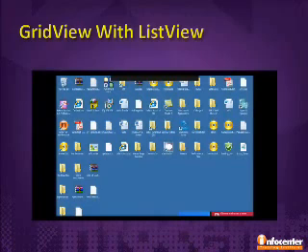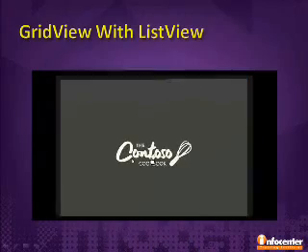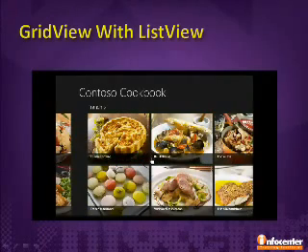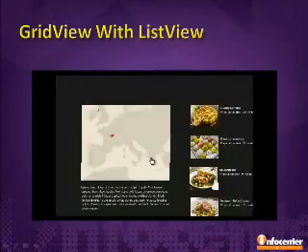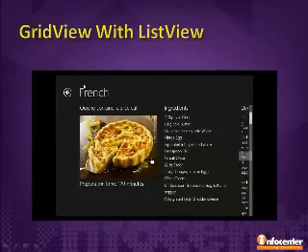Let's take a look at the second example, which is a grid view and list view together in one sample. Again, we run the same application. Now the users just horizontally go through the products.